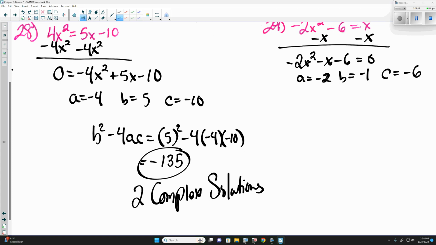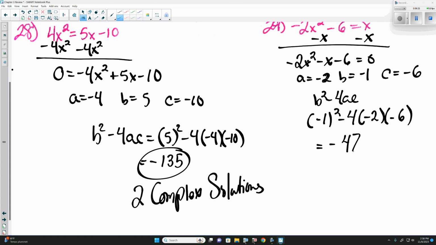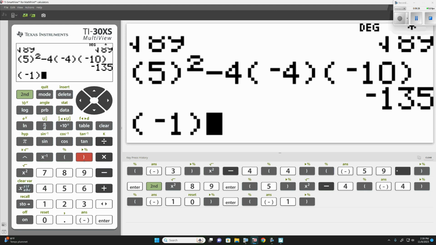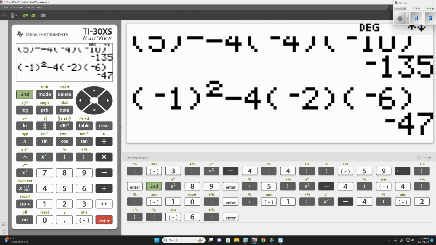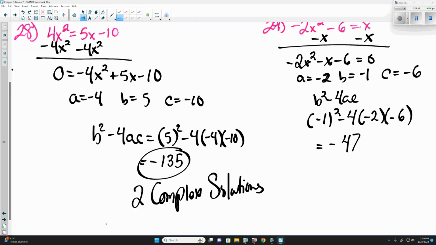Now, if one of them was missing completely, it would be 0. b squared minus 4ac: -1 squared minus 4 times -2 times -6 is -47, which gives us 2 complex solutions. That's it.